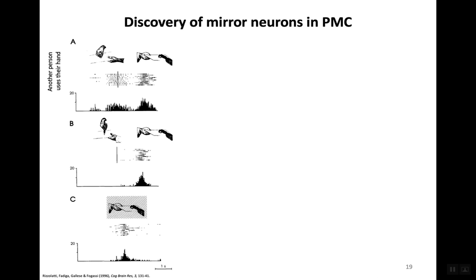Okay, so the same neuron fires both in observation of a movement and when the monkey itself performs the movement.